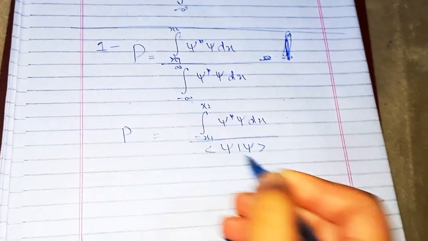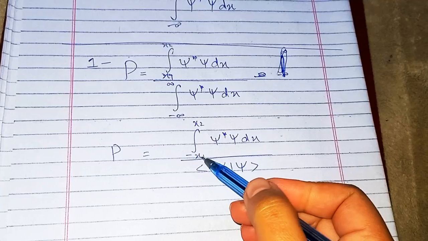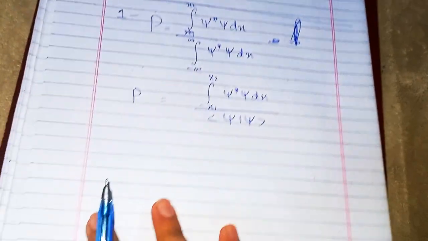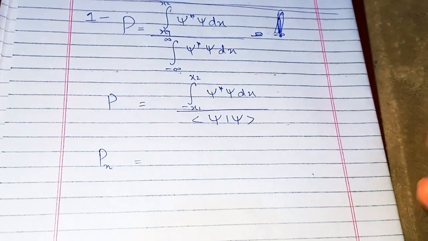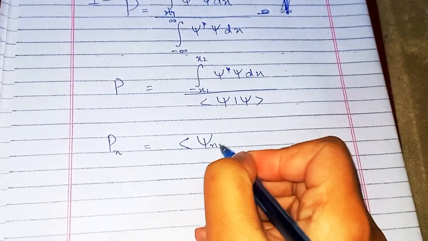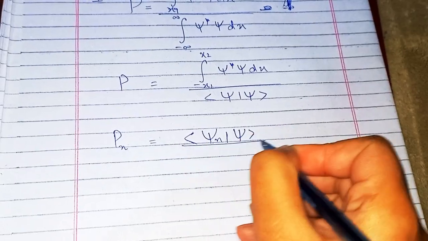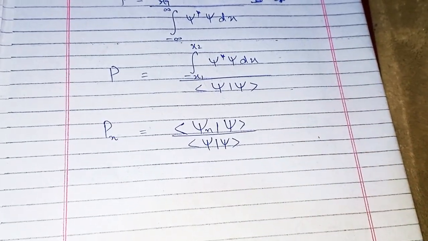So that is the first formula for calculating the probability of finding the particle in the space region x1 to x2, while the other formula for finding the probability that the system is in the psi n state is given by this integral. Okay, and this normalization factor is compulsory in the denominator always.